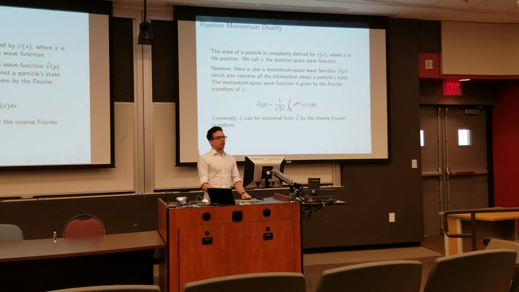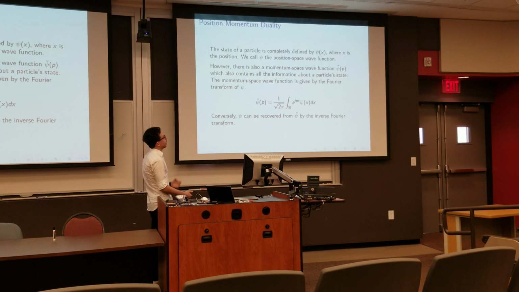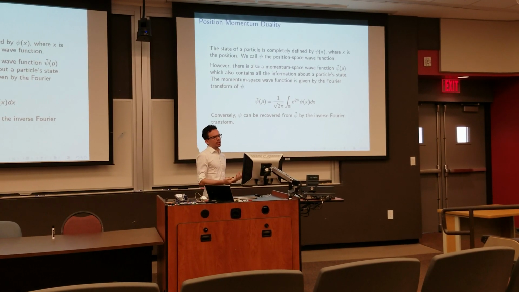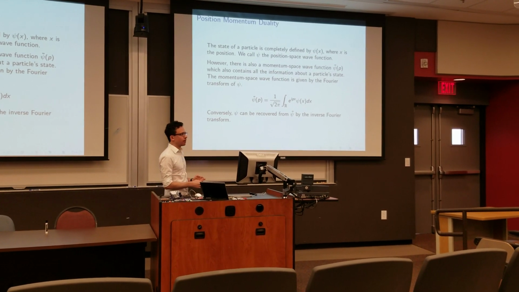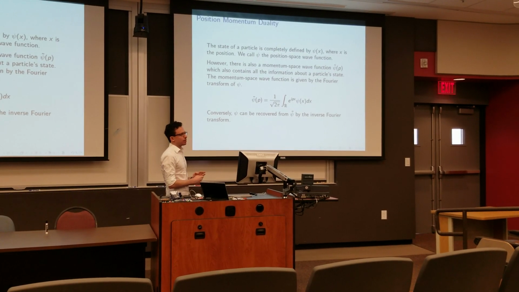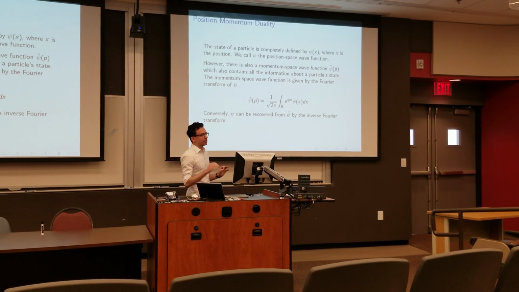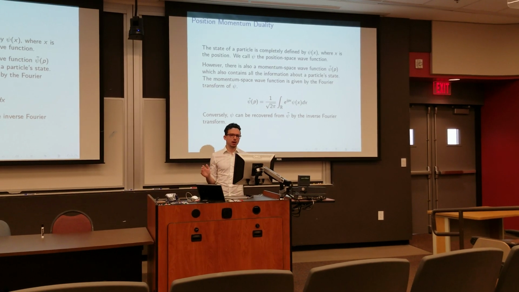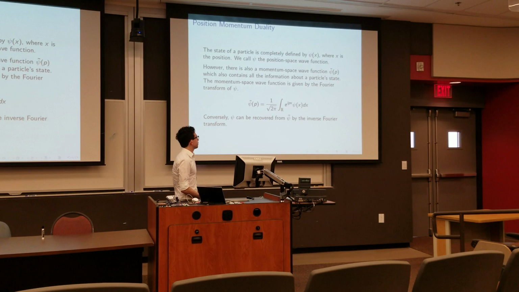As I mentioned before, the position and the momentum are duals of each other. Right now, we've been working in the position space, where phi is our position space wave function. Given our position space wave function, we know everything there is to know about the state of a particle. But we also have momentum space wave functions.